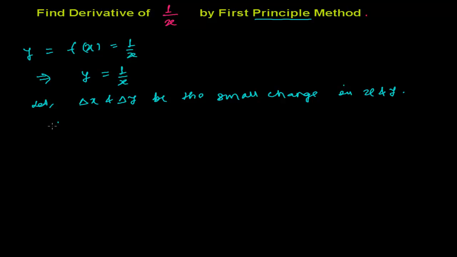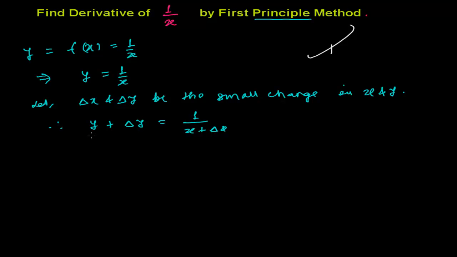Therefore I will get y plus delta y equals 1 divided by x plus delta x, because there is a small change in x also. I am writing delta x and delta y because this applies to any kind of curve, and we have already discussed this concept in the first introduction video of derivative, right?